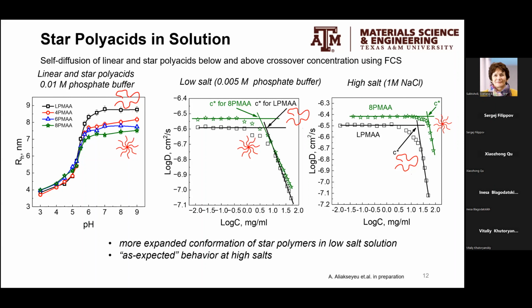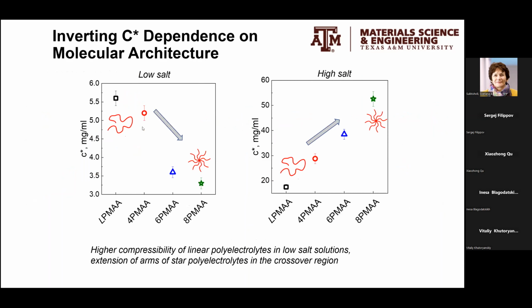We repeated the same experiment in high salt condition, and now things became normal. As expected, the more compact star polymers showed a higher C star transition, which gave us some peace of mind. So what this result actually means is that, first of all, we have an inversion of the dependence of C star on the molecular architecture in different salt regimes.